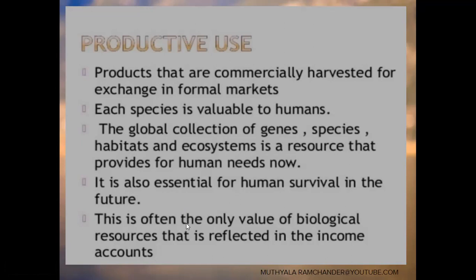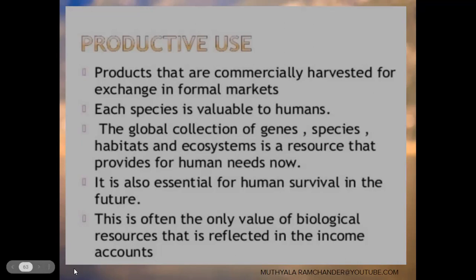This is often the only value of biological resources that is reflected in the income accounts. Productive uses are reflected in the income accounts because the products reach the different formal markets, which are available in local areas or cities, and also villages.